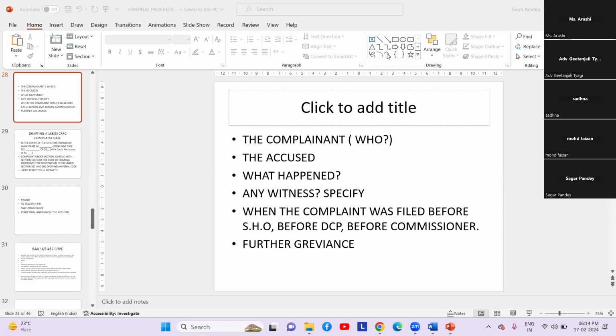So this is the provision. Though if it is going to change, there will be a different section for this also. But for right now, we can move with this. Under 437, we opt for the bail before the metropolitan magistrate. I'm specifically talking about Delhi, so it will be like this.